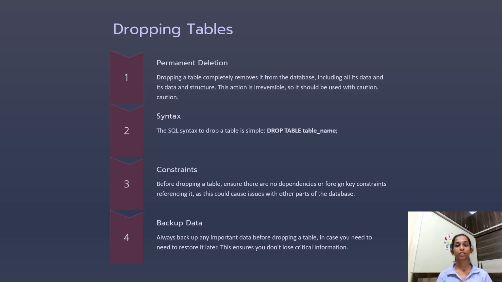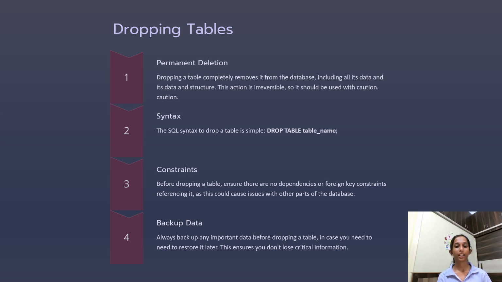Let us understand what dropping tables is in detail. Dropping a table is a permanent deletion. Dropping a table completely removes it from the database, including all its data and structure. This action is irreversible, so it has to be taken with caution. The syntax of dropping a table is simple. It uses DROP TABLE as a command followed by the table name.